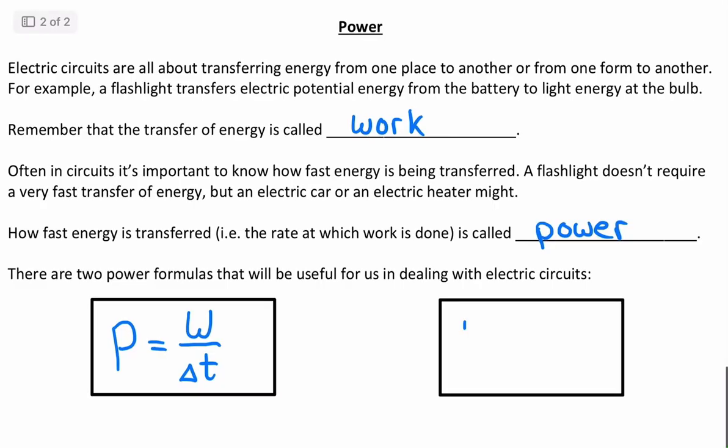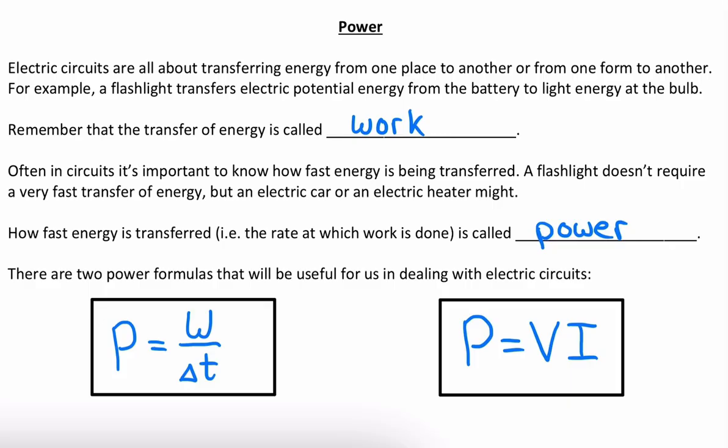And this formula is P equals V I. So anywhere in an electric circuit where you have a voltage and where you have a current, there will be power. There will be energy being transferred in one way or another.